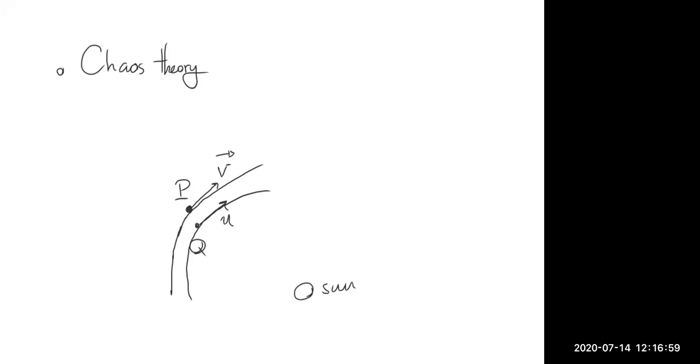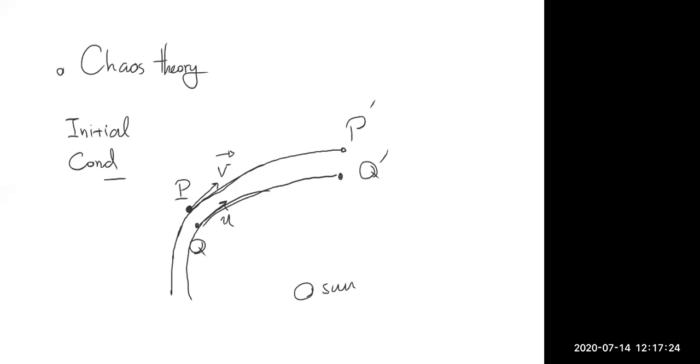For example, if we move Earth a little and change the direction of its speed a little, after a few days rather than Earth being here, it would be at another close point, say P prime, Q prime. If we change the initial condition slightly, the final situation would also be close to each other.